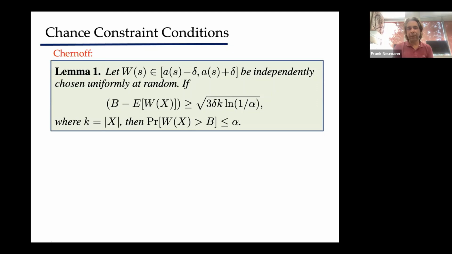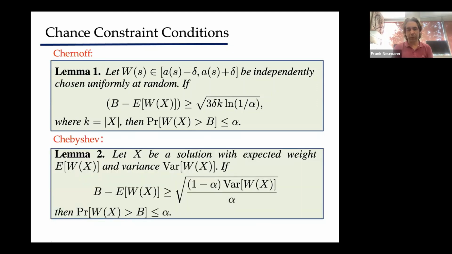And you can get the same thing for Chebyshev's inequality. Okay, and what you can see is, well, you have the log of 1 on alpha in here. This is why Chernoff is essentially better when you need small values of alpha, where here you have essentially the alpha under the square root.